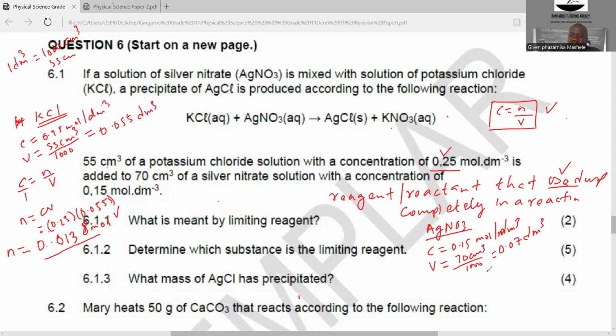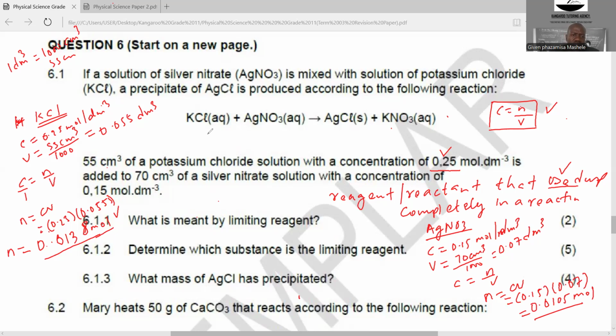Concentration is number of moles over volume, which means number of moles will be concentration times volume. Concentration is given as 0.15, the volume is 0.07. And now we calculate the number of moles. So the number of moles for silver nitrate will be 0.0105 mole.